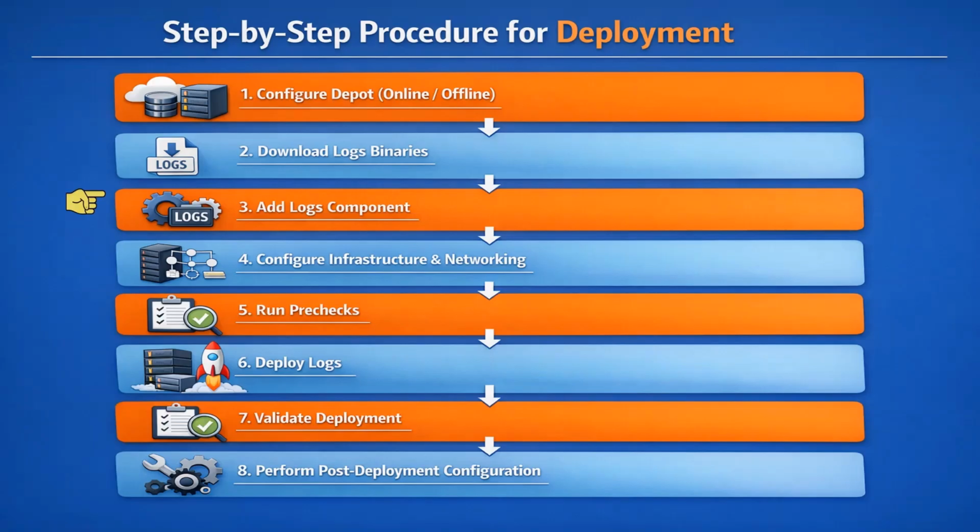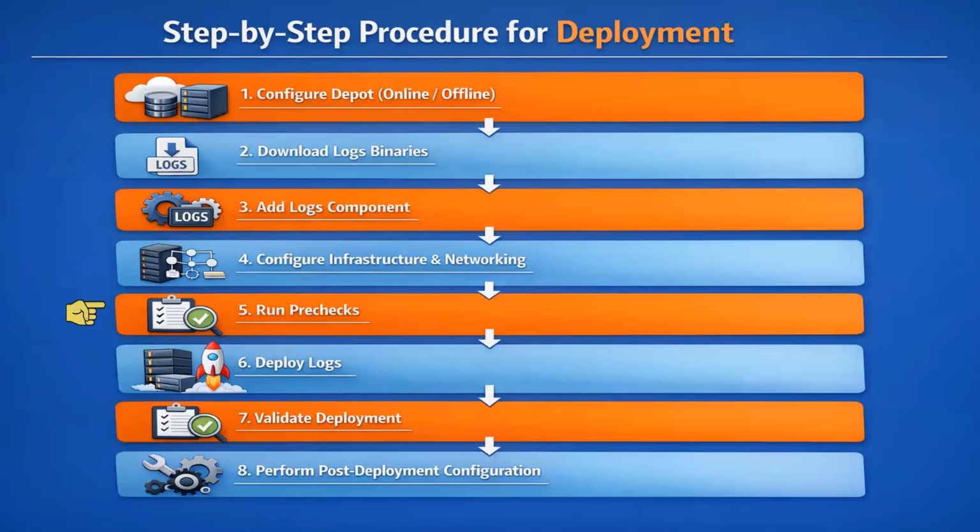So deployment here will show us add logs, which means adding this VCF operations logs in the component list. That's the third step. Then once you start the add logs, you need to configure the infrastructure and networking for your VCF operations logs inside that add logs step.